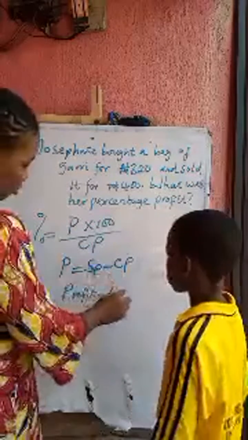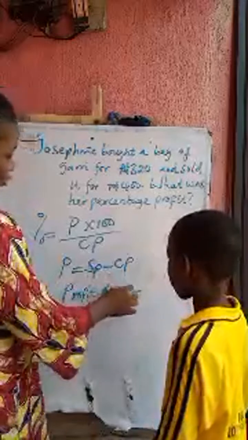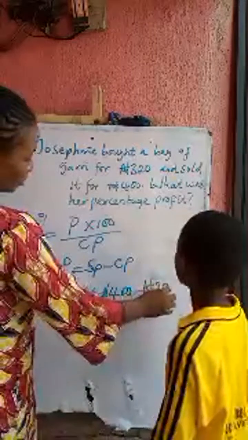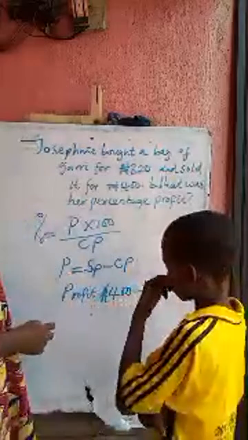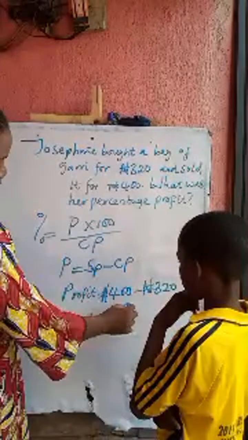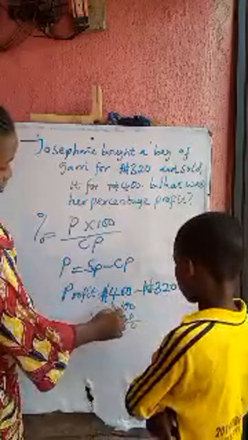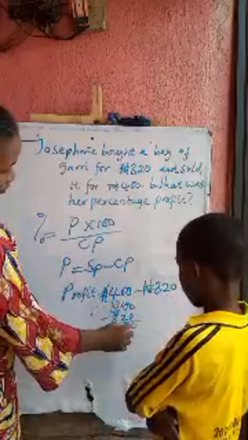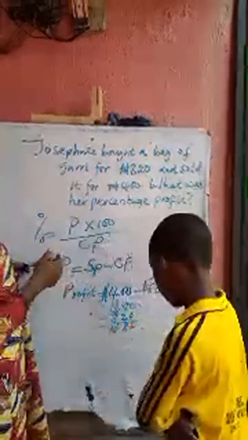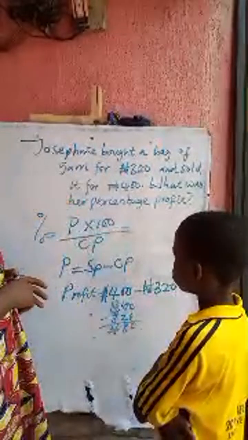The SP is 400 naira, minus the CP, which is 320 naira. What is the difference? 400 take away 320. 0, 10 to 8. 0. So the profit is 80 naira.